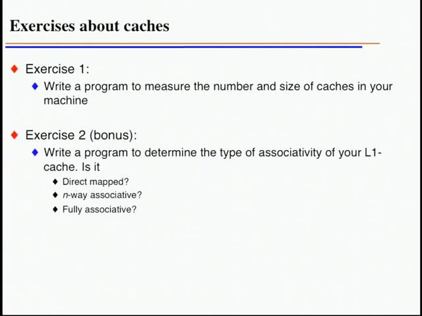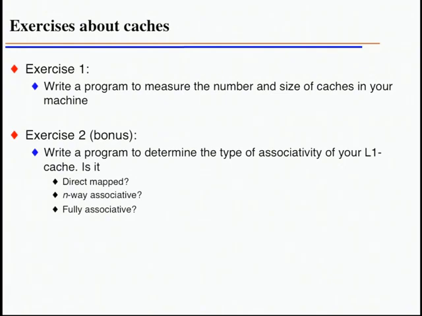Okay, that's the basic explanation of the cache. You already got the exercise of testing your cache and writing a program on how to measure how many different cache levels you have and how big they are. So now you got the explanation of what you are measuring, and I hope you're able to do that exercise until next week.